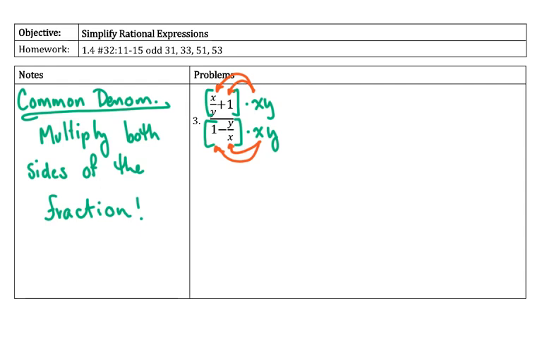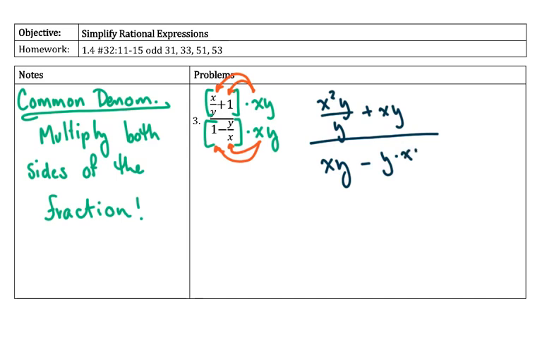So when I multiply that first fraction, I get x squared y over y plus xy all over xy, because we're multiplying that 1, minus y times xy all over x.